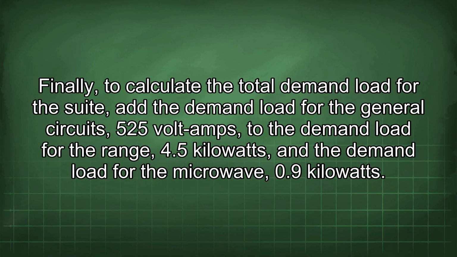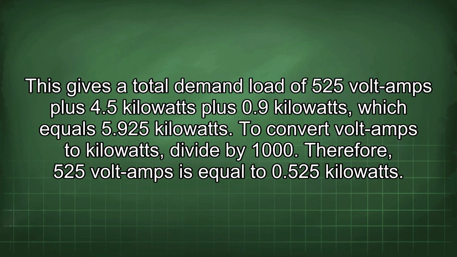Finally, to calculate the total demand load for the suite, add the demand load for the general circuits, 525 volt-amps, to the demand load for the range, 4.5 kilowatts, and the demand load for the microwave, 0.9 kilowatts. This gives a total demand load of 525 volt-amps plus 4.5 kilowatts plus 0.9 kilowatts, which equals 5.925 kilowatts.